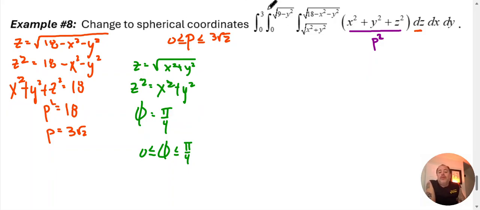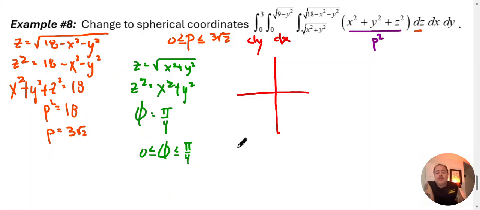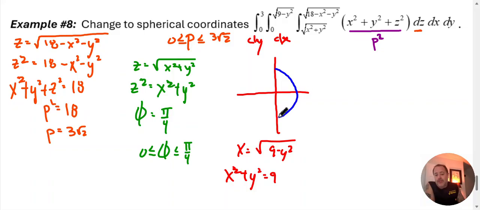Then we look at our change with respect to x and with respect to y. We had a conversation in the last example: x is equal to the square root of 9 minus y squared. When we square both sides and move the y over, we get a circle of radius 3. However, since it's the positive x, we only want the positive x version of this.